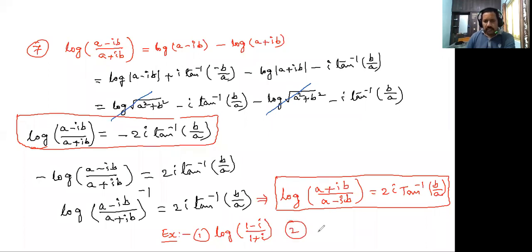And this is another problem, try yourself: logarithm of (1 plus i root 3) divided by (1 minus i root 3). By using those two formulas, solve these two problems. Identify the values of a and b, just substitute, and you'll get the answer.